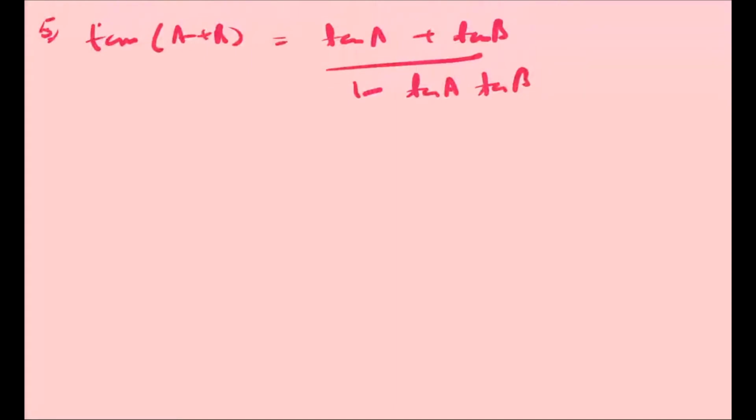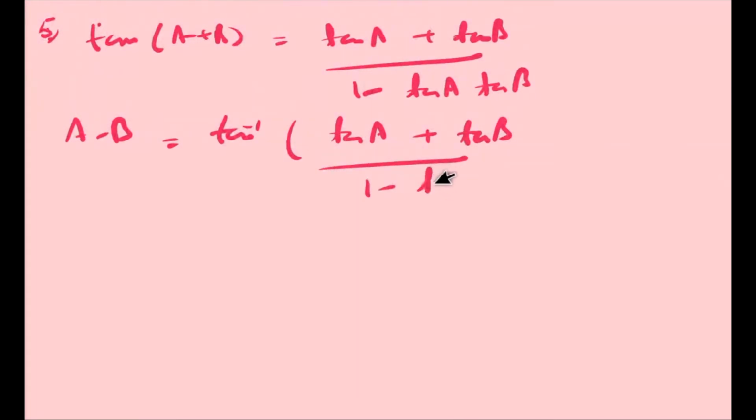You know the formula of trigonometry. Now if we say a plus b equals tan inverse of tan a plus tan b upon 1 minus tan a tan b.